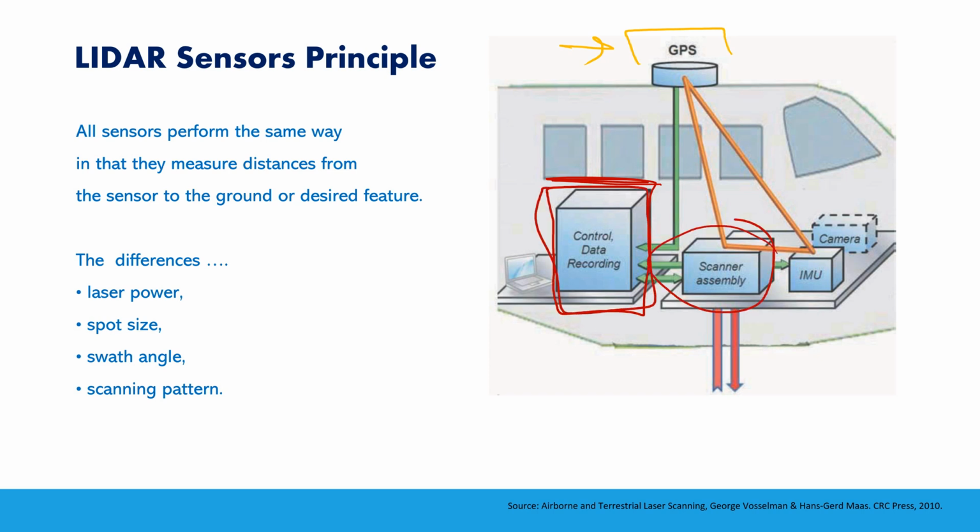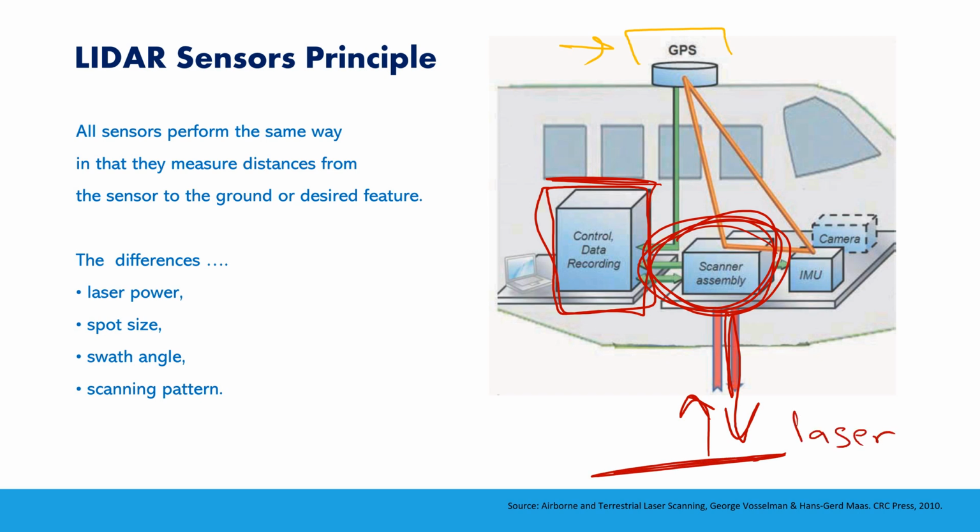And this is the laser scanner here that emits and receives the laser pulses. And here we can see the IMU, Inertial Measurement Unit, or as I mentioned in some references, you will see INS, Inertial Navigation System. They are both the same for calculating the orientations of the laser scanner in the space.